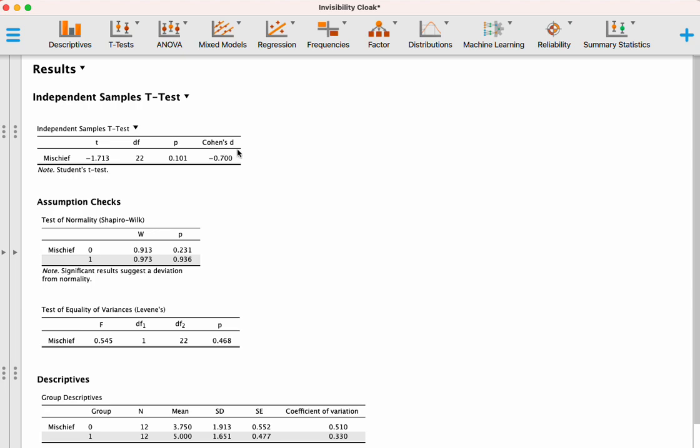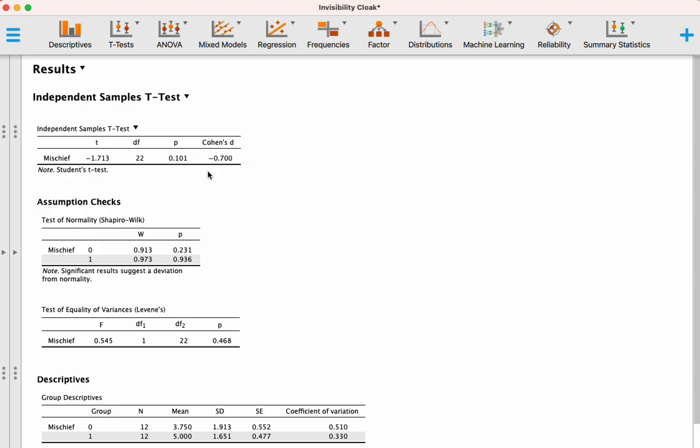So everything else that's in this test output is the t statistic. So this is our test statistic. The degrees of freedom. So this is n minus 1. Remember, we had 24 participants and 12 in each group. So that would be 12 minus 1 and 12 minus 1. So that's 22. And then our p-value, and then our Cohen's d is our effect size.